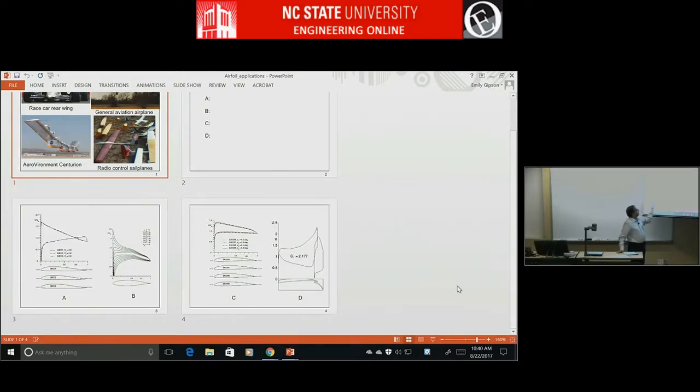That means Reynolds numbers of the order of 300,000. That's actually low, because if you go to a general aviation airplane, this is something like maybe 3 million, and the transport airplanes will be 10 million to 20 million or more. So this is 300,000 or 0.3 million.